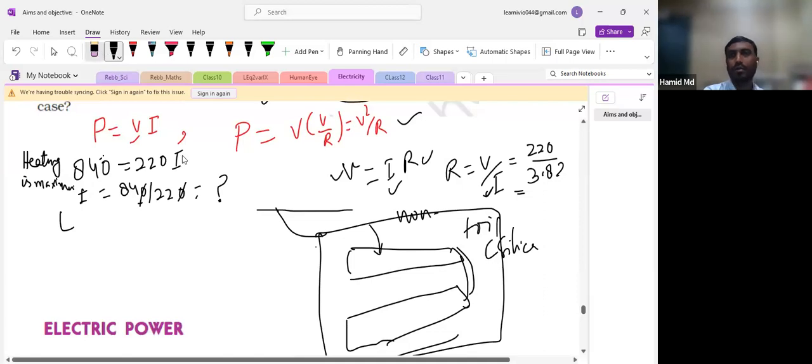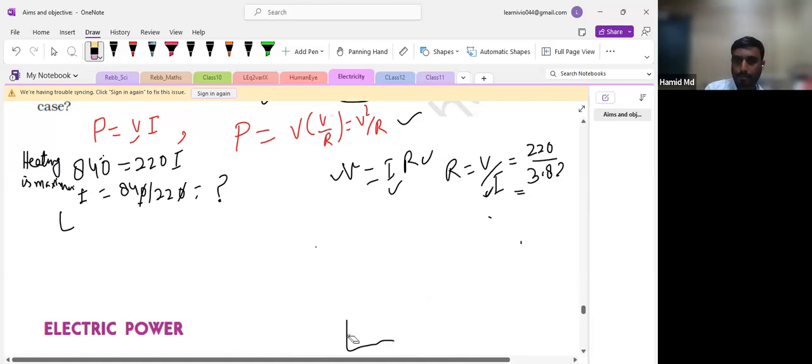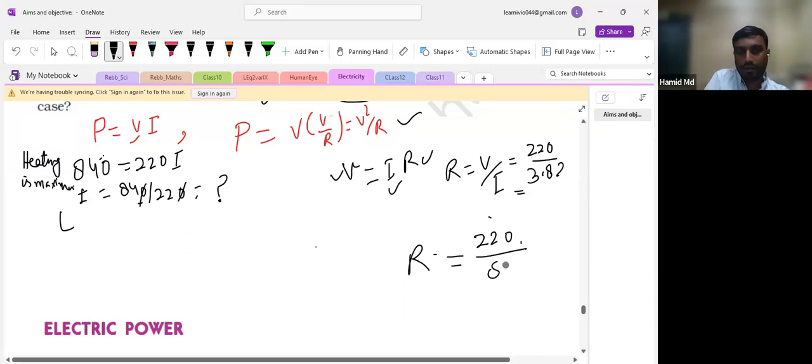So what she is saying, her point is that R is V over I. We are given V as 220 and I is 840 divided by 220, right? So it will be again 220 divided by 840, right?